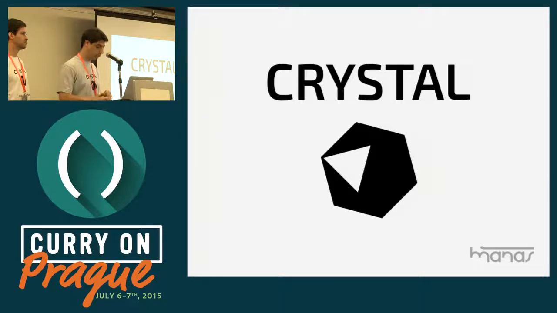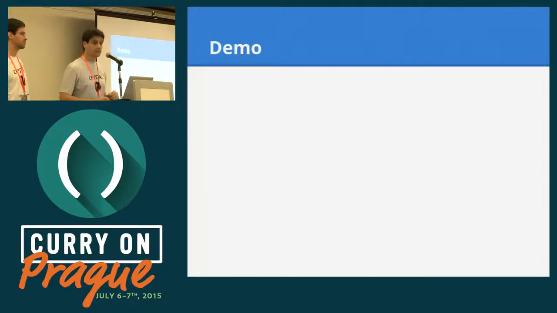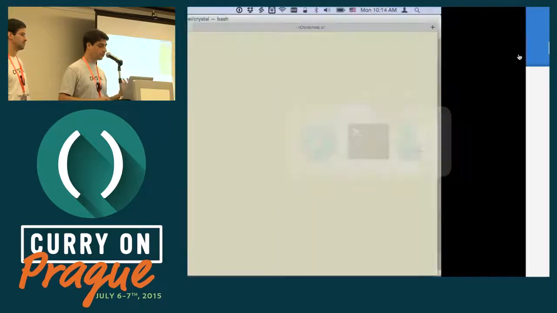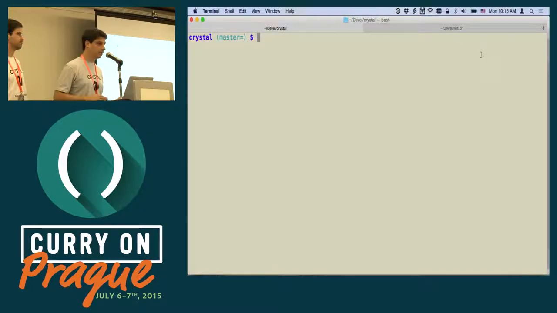So I want to start with some demonstrations so you can figure out what kind of applications you can run in Crystal. Let's start with a very simple example. It's a Mandelbrot set generator.